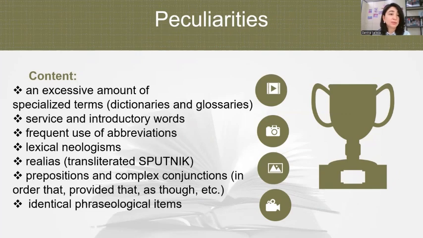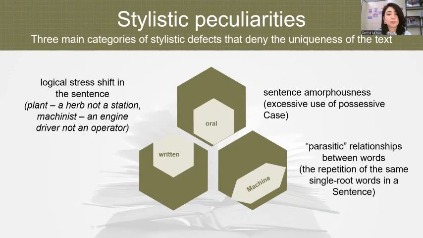So we need dictionaries and glossaries in order to identify some special words. Within introductory words, there is frequent use of abbreviations, lexical neologisms, realias, prepositions and complex conjunctions, and identical phraseological items. Let us look through all of these peculiarities step by step.